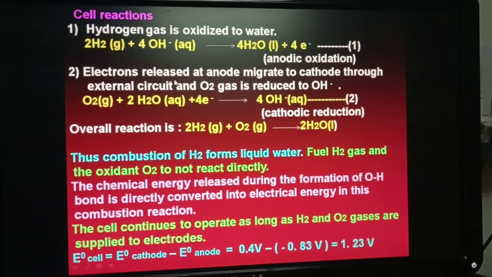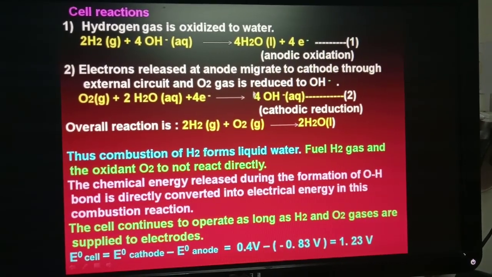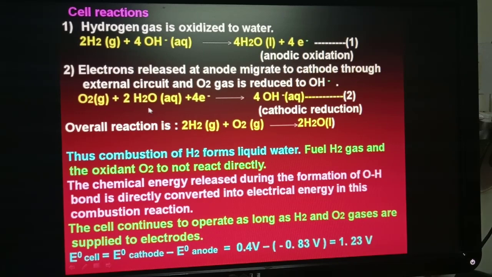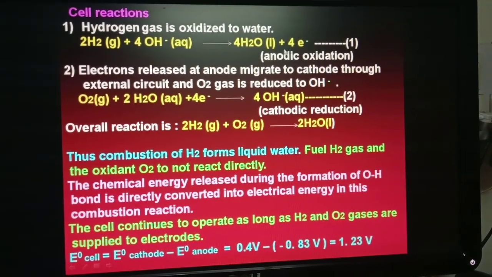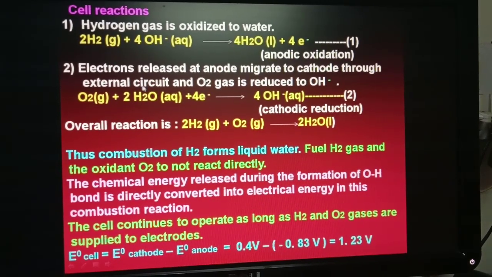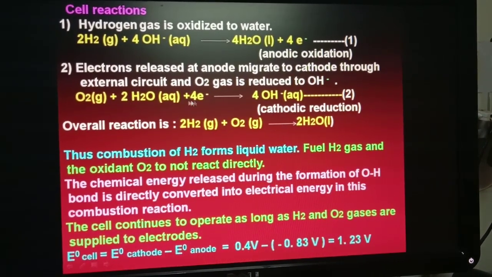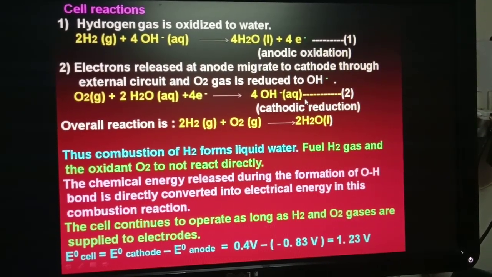So, through external circuit, when this migration completes, the O2 gas is reduced to hydroxyl ions by combining with water and gaining electrons that are migrated from anode to cathode. So O2 gas plus 2 H2O liquid plus 4 electrons gives 4 OH minus aqueous.